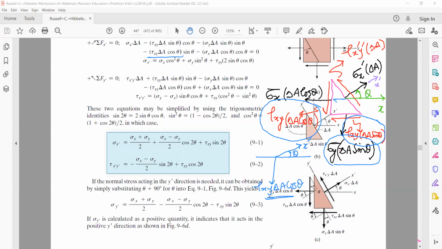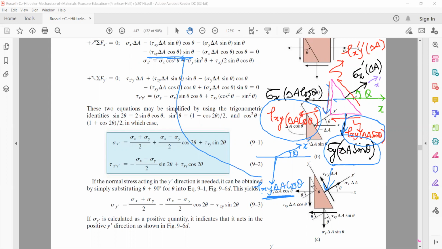This force will have the same component as sigma y delta A sine theta, because that was also acting in the same direction. Therefore, its component along x prime will be tau xy delta A cos theta into sine theta, and negative, because these forces are acting in the same direction. Their angle with x prime is theta.